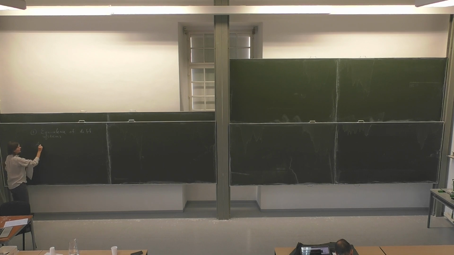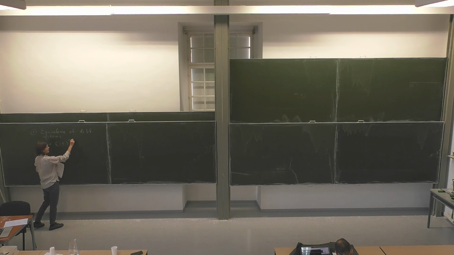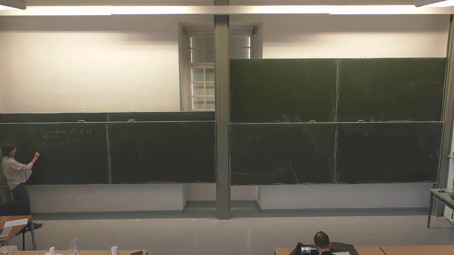So we have two n by n matrices, A and B, whose entries are rational functions, and let K be a differential field containing rational functions.